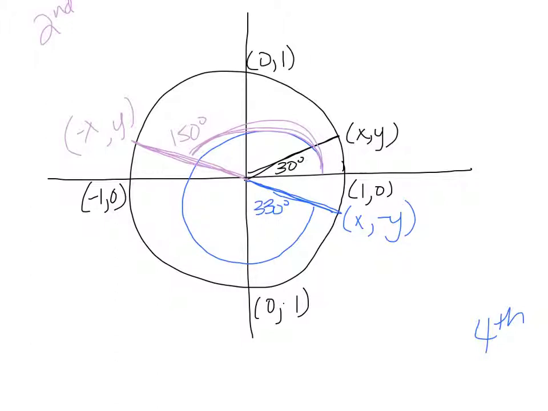What quadrant do I have to be in to get a negative x value? The third or the second? So to get a negative x value, I've got two options here. I could be in the second quadrant or I could be in the third quadrant. So let's see what it looks like in the third quadrant since we haven't done that one.